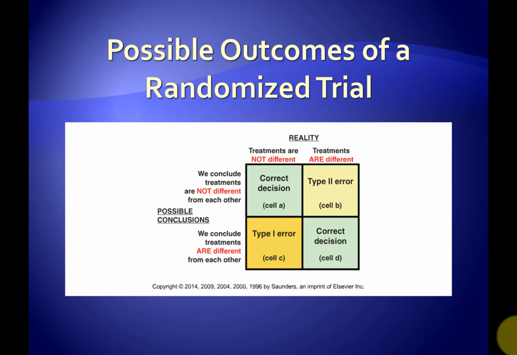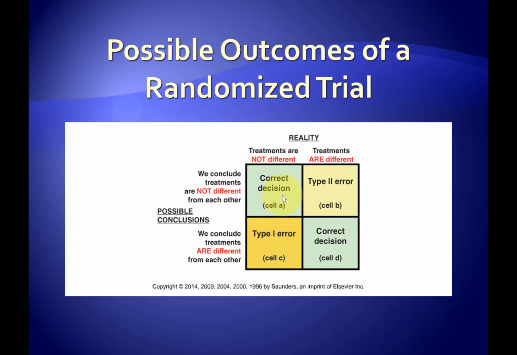So here is a visual of all possible outcomes when we conduct a randomized trial. We start from the top left. There is a probability that we run the experiment and conclude that there's no difference between the two groups, and indeed, in reality, there is no difference between group A and B. Thus, we arrived at the right conclusion.